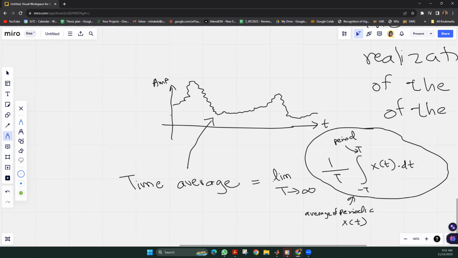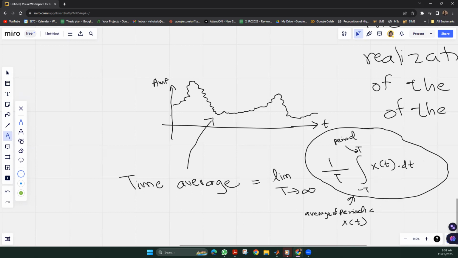So for a non-periodic signal like this, we consider mathematically that its period, its length, is infinite.